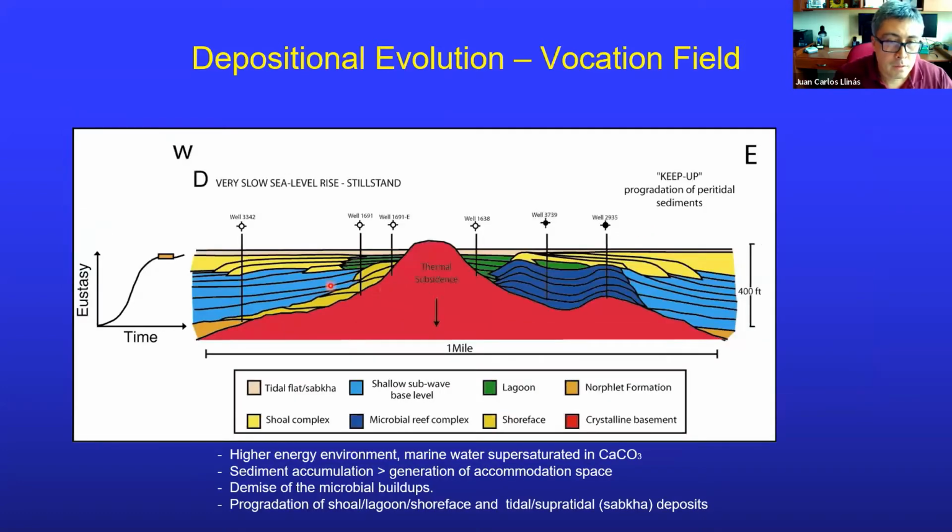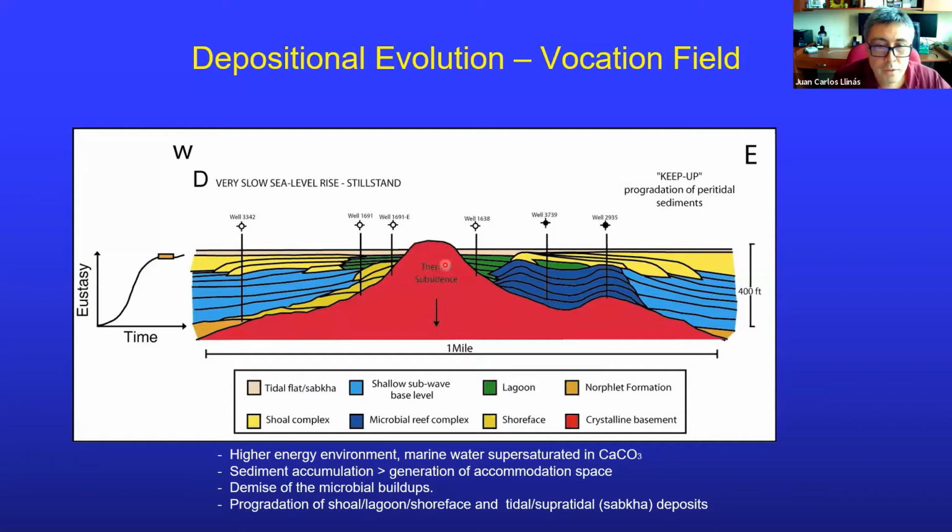And then as we get into the Highstand, late Highstand, there's probably a change in the conditions. Most of these blocks are submerged, so there's probably better ocean circulation here. There's more energy in the environment with the winds and so on because there are fewer barriers.